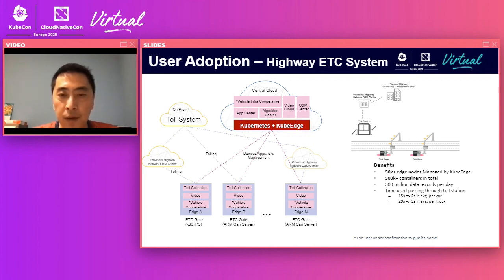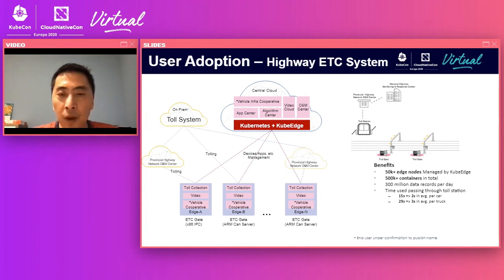KubeEdge is in charge of deploying the application to the edge and managing the life cycle, all this stuff. Kubernetes and KubeEdge are deployed in the public cloud, and the edge is geo-distributed across a lot of places.